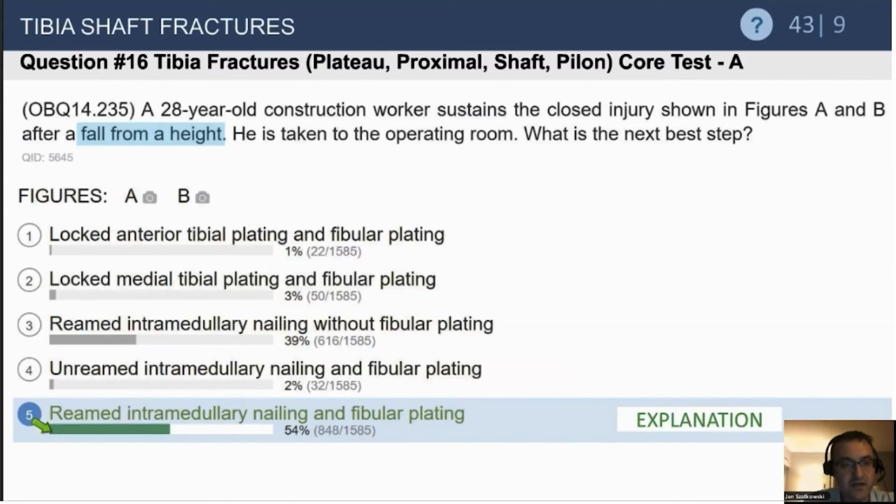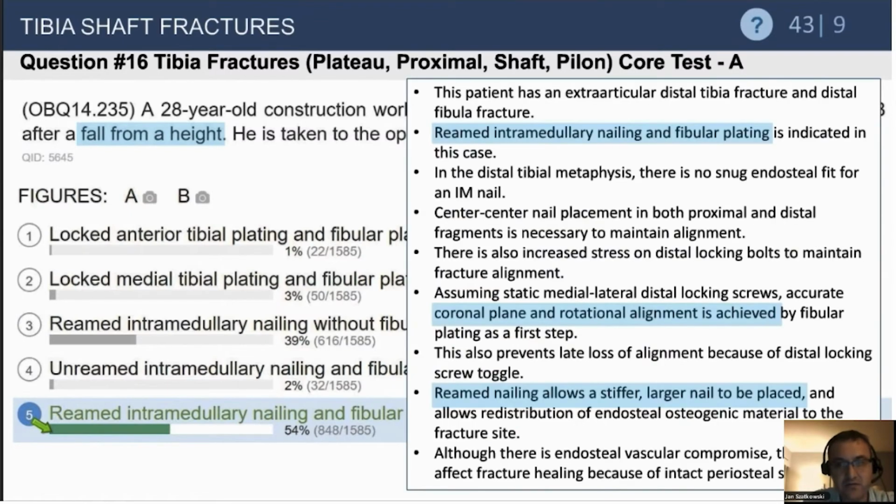So of the following answer choices, if we go over this, reamed IM nailing and fibular plating here is going to be the best. And I think sometimes this can be controversial, even though it's shown in some studies that fibular plating can allow you to obtain and maintain your reduction a little bit easier for these distal third shaft fractures.